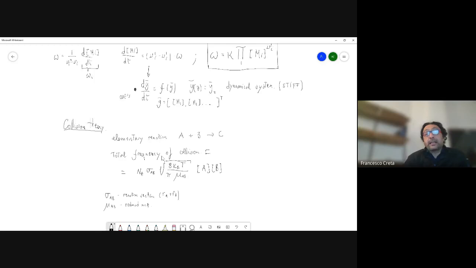I just cited a result of kinetic theory, but it makes total sense. By the way, we can write this as just the number z, so we can write it as z times A times B, and this is usually called a frequency factor.